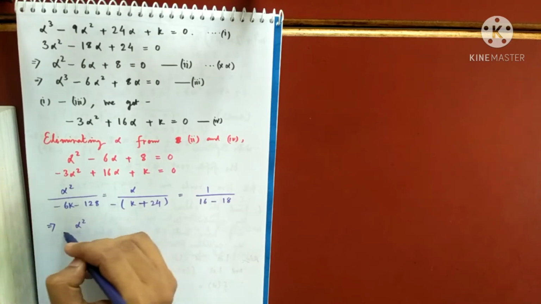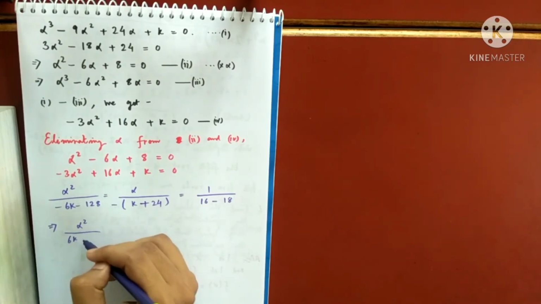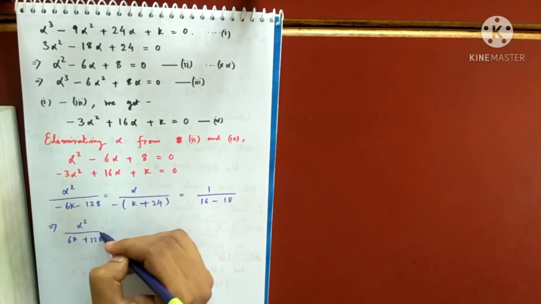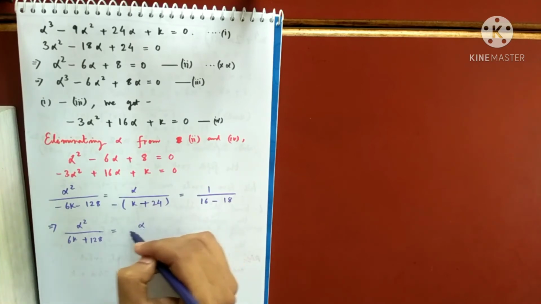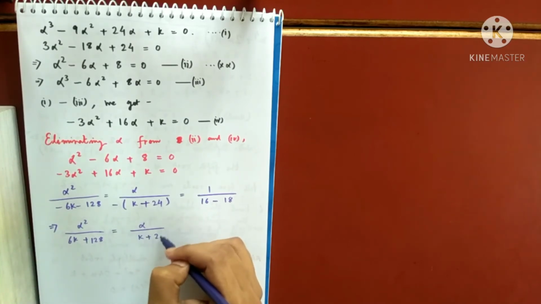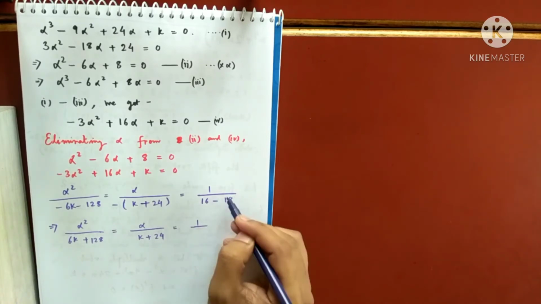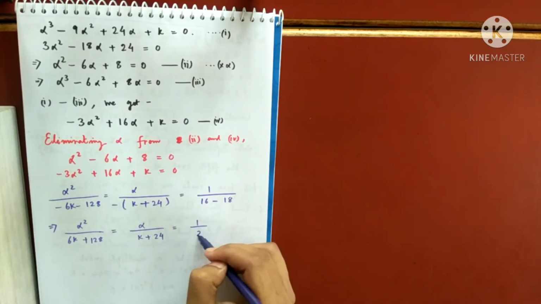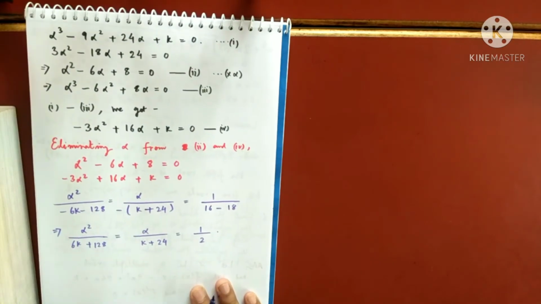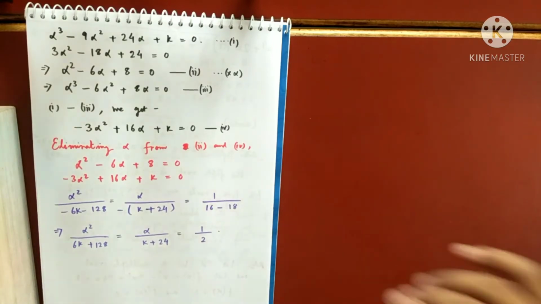So alpha square by 6k plus 128, alpha by k plus 24, and 1 by, this will become minus 2, but I am cancelling all the negatives, so this will become 2. Just check it once, because I have not solved it ahead of time; I am solving it just now. If I have made some mistake, please tell me.